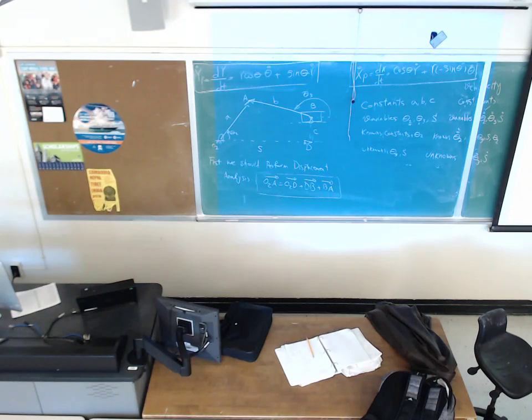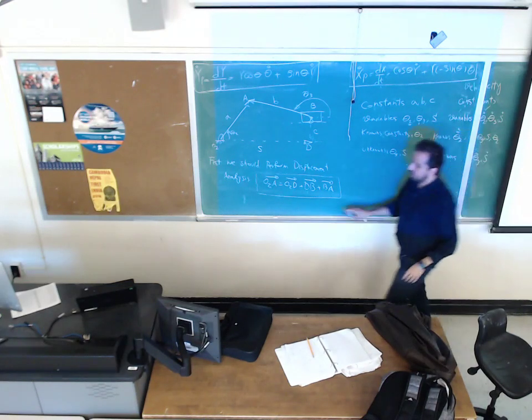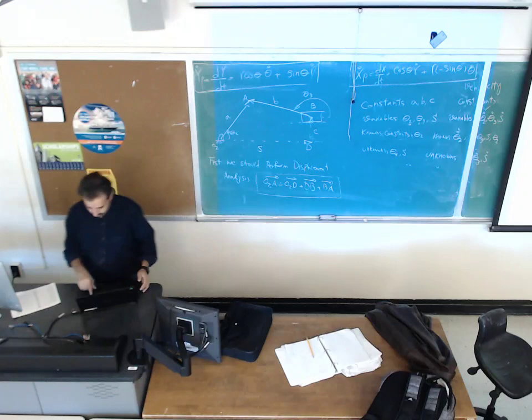So for velocity analysis, I'm going to differentiate both sides with respect to time. Derivative of a cosine of theta 2 with respect to time should equal the derivative of s plus b cosine of theta 3 with respect to time. So try this.